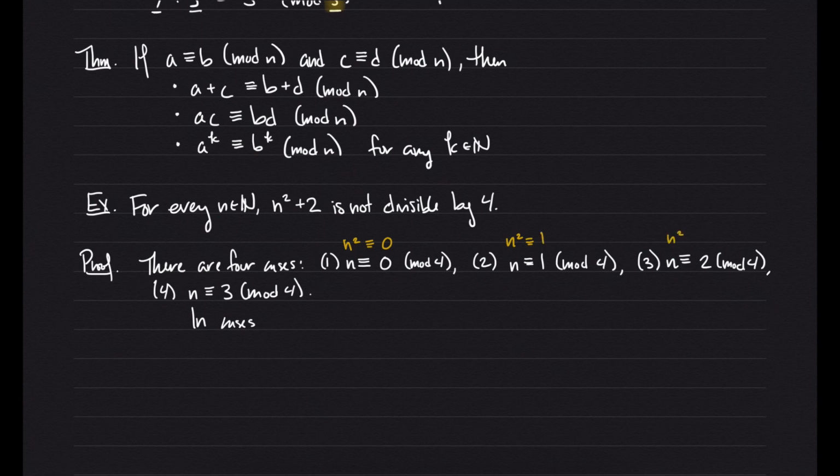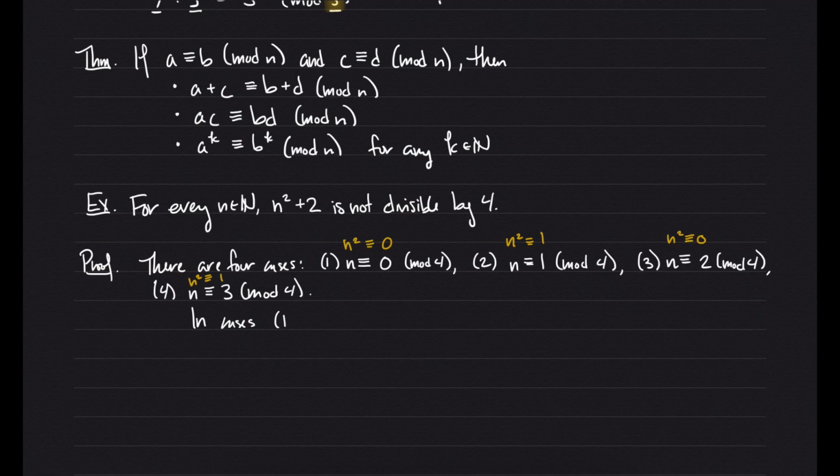N squared here is going to be 2 squared, which is 4, which is congruent to 0. And n squared here is going to be 9, which is congruent to 1 mod 4. So there are 4 cases for n, but now 2 cases for n squared. Some of them have collapsed into each other. So n squared is 0 or n squared is 1.